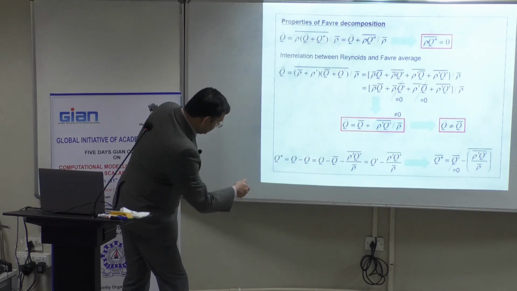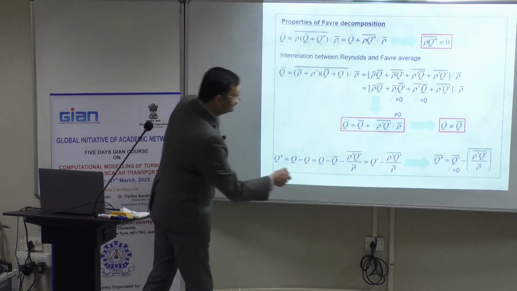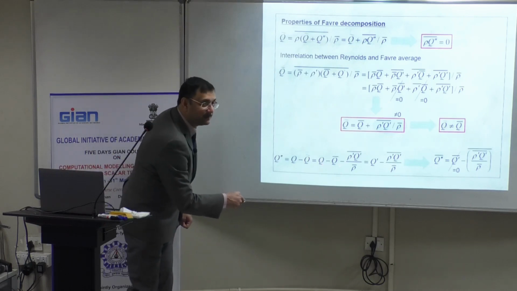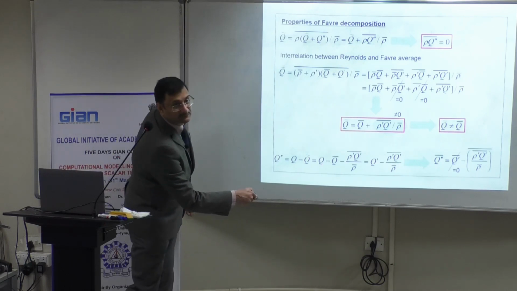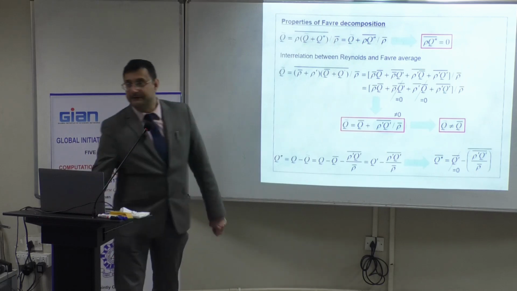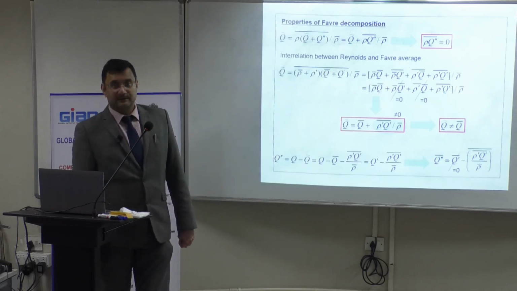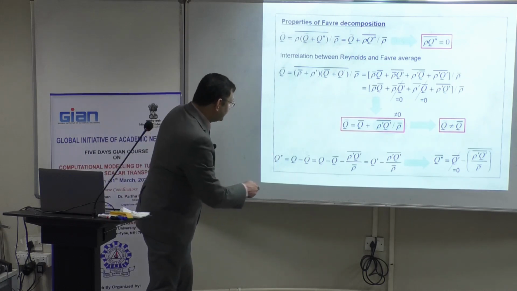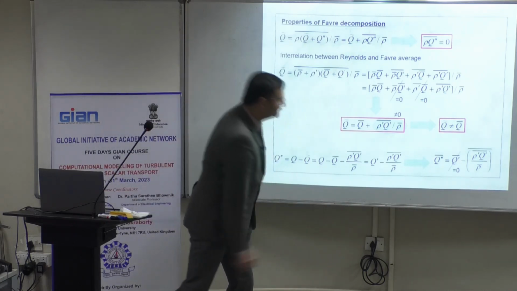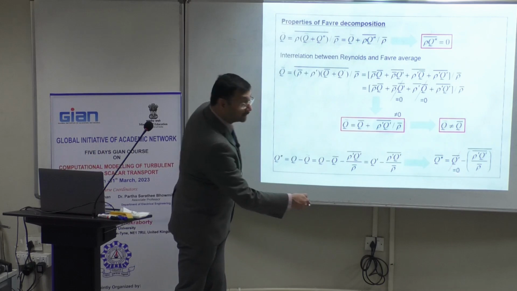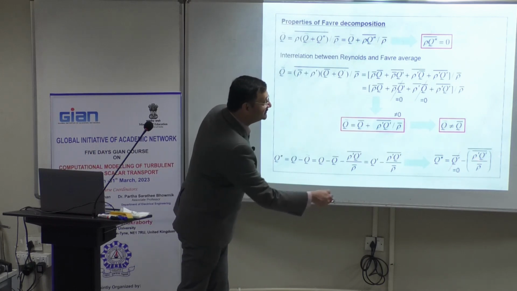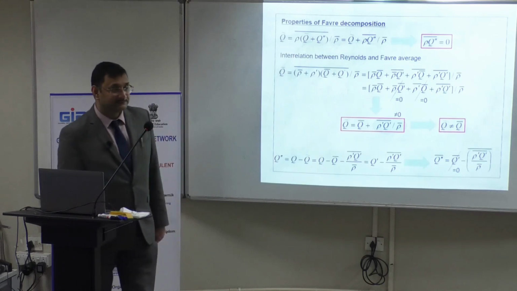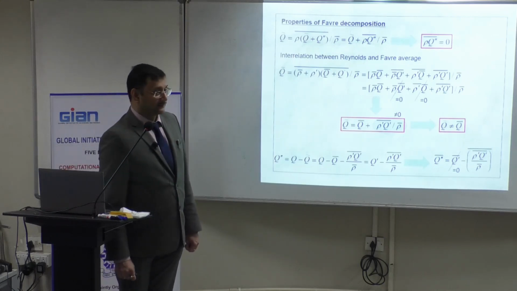In the place of Q tilde, I have put that expression. And then Q minus Q bar is nothing but the Reynolds fluctuation of Q. Clear? If I now take the average of that, this bit, you can see, goes to 0, but the second term is not necessarily equal to 0. Clear?